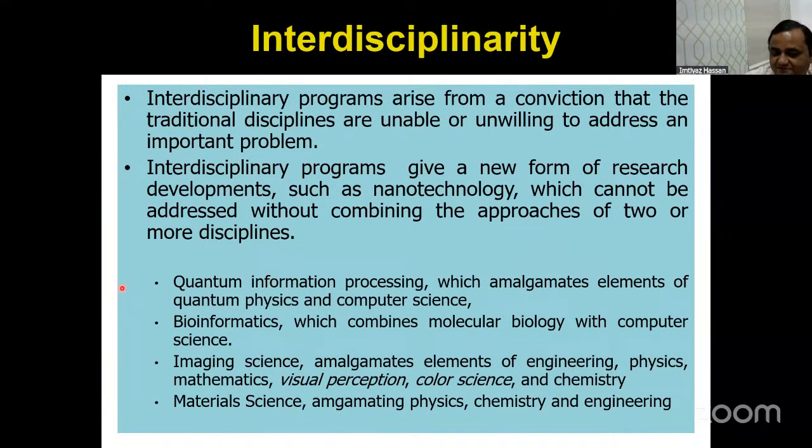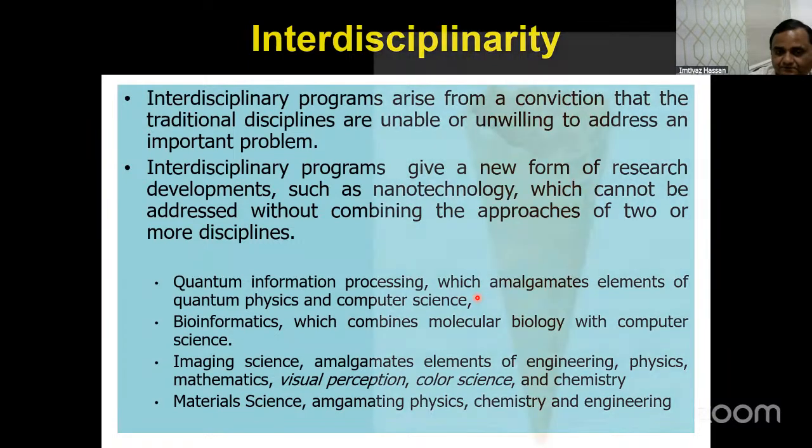Then there is imaging science, like the MRI and all those diagnostics when you go to the medical doctor. All these different types of imaging technology amalgamate different disciplines together. So these are some of the major revolutions in the field that were observed only because of interdisciplinary thinking.